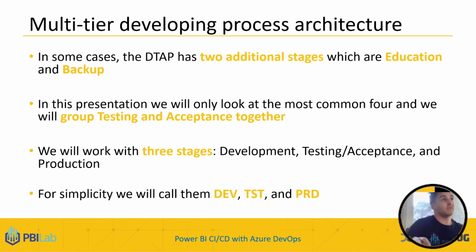There are also two additional stages that usually belong to DTAP-Straight, so there could also be education and backup environments. But in this presentation, I'm just working with the four most common, and I'm grouping together testing and acceptance. So I will work with just three stages that I call, for simplicity, dev, test, and prod.